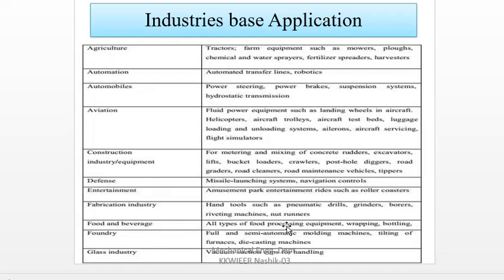Then industry based applications. In agricultural industries, there are tractors and farm equipment such as mowers, and chemical and water spraying. In automation, there are automated transfer lines, like robotics.